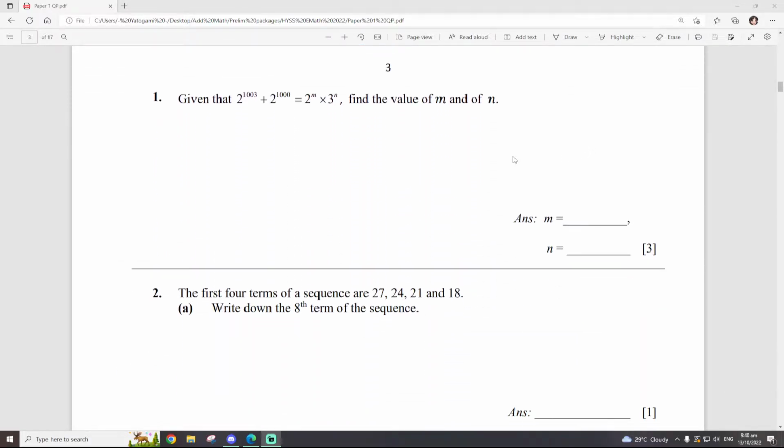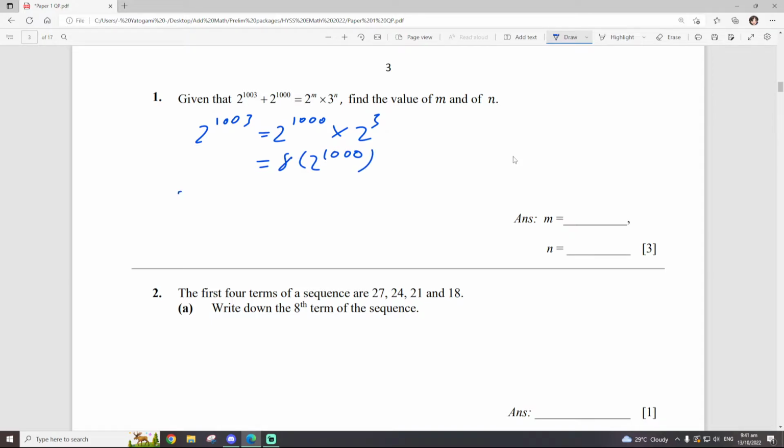Okay, so given that we have this, find the value of m and n. For this, we're going to need to see that 2 to the power of 1003 is the same as 2 to the power of 1000 times 2 to the power of 3, which is 8 times 2 to the power of 1000.